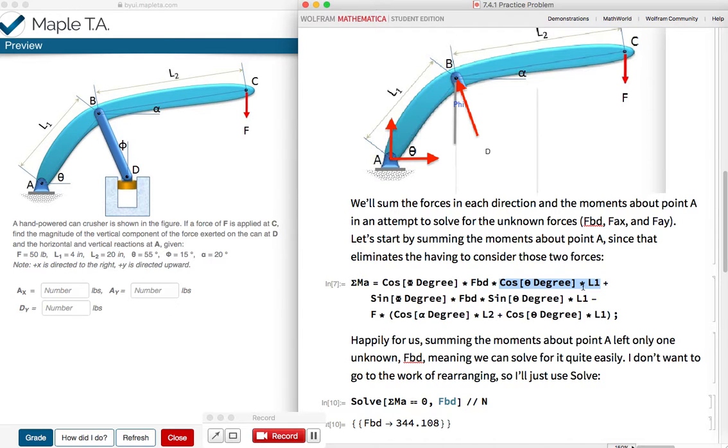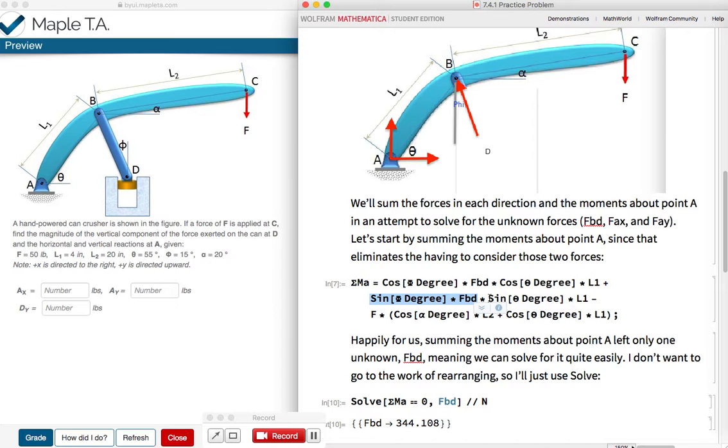And then the next one is going to be from force BD, but going in the x direction. So that's going to be going from right to left here. And so we kind of have to do the opposite. We're going to take the sine of phi, again, remember your degree keyword there, times FBD. That's our force for this next moment.